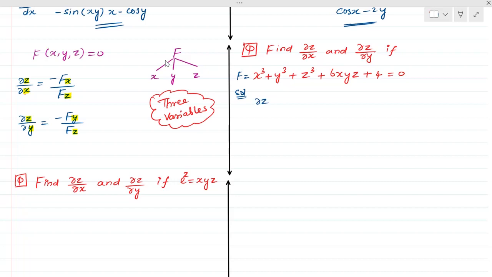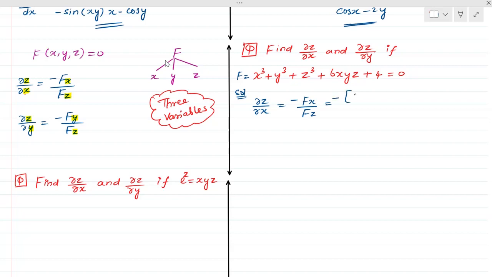Now I want to calculate dou z over dou x. It is minus fx over fz. It is an implicit differentiation, since f is not given. Now differentiate with respect to x.